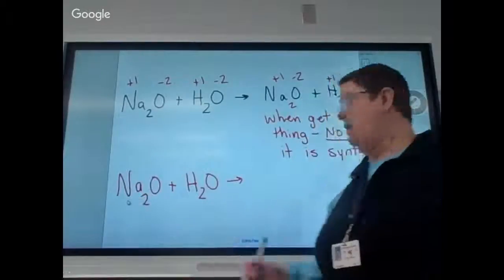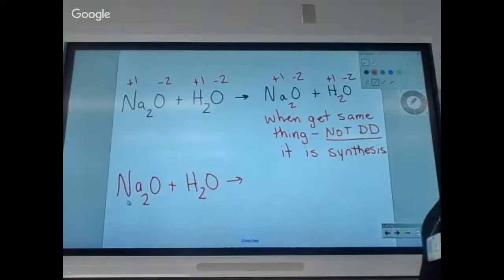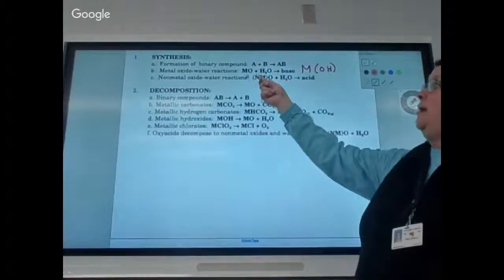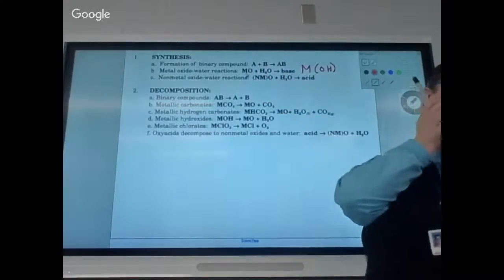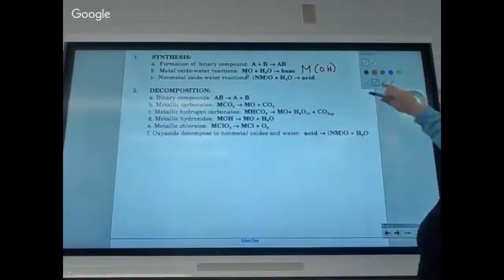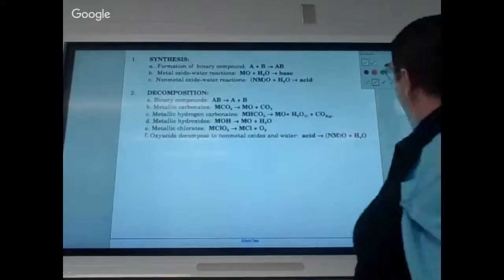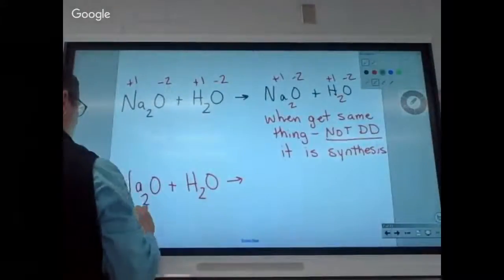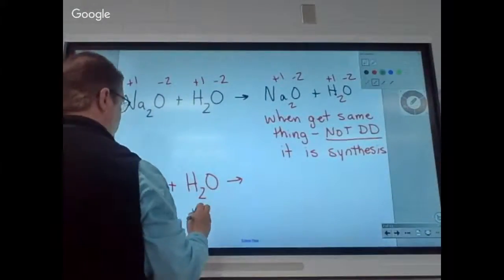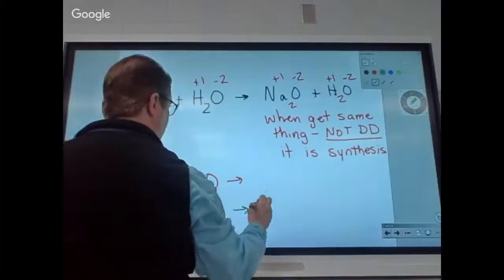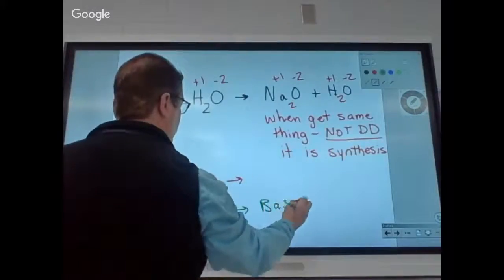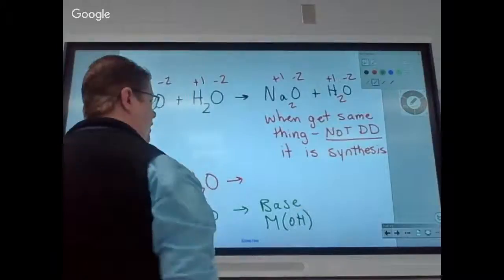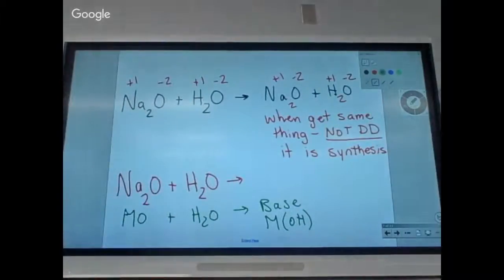Is Na a metal oxide plus water or a non-metal oxide plus water? It's a metal oxide. All right, so since you have an MO plus water becomes a base, you're making it into MOH.